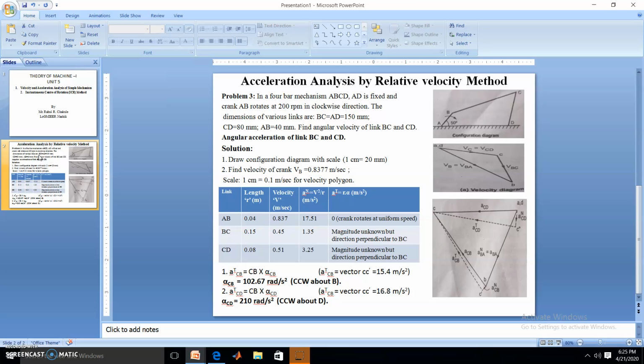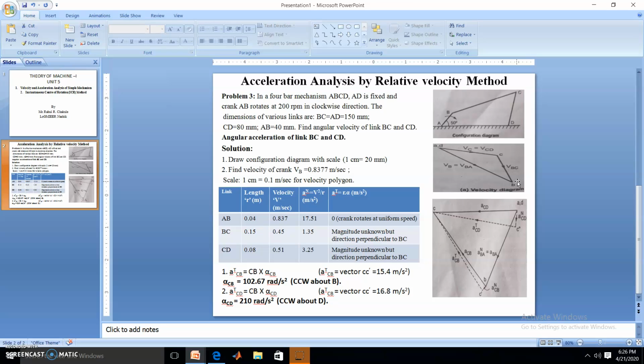So how much length does it come? It is the value of velocity, that is 0.8377, divided by scale, that is divided by 0.1. So that is approximately 8.37 centimeter. So you take the length of crank AB as 8.37 centimeter as per the direction of rotation of crank.